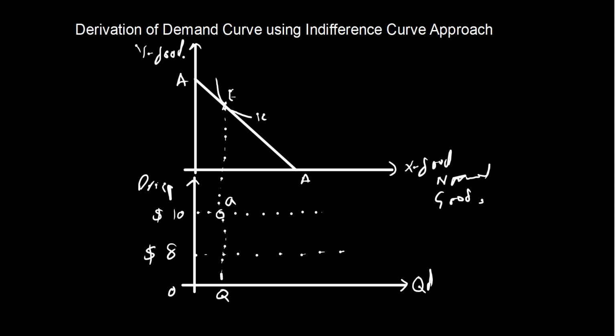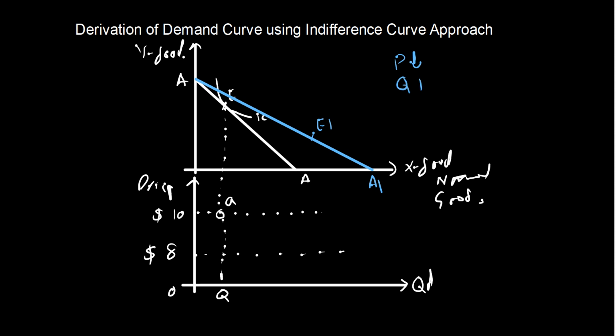Now we are assuming that there is a fall in the price of X good, the normal good, and when the price of X good falls, the budget line will shift like this. It is a pivotal shift, so the budget line will move from AA to A1, and the new equilibrium will take place at point E1, somewhere to the right of the initial equilibrium, because we know that in the case of a normal good, when price falls, quantity demanded will increase.